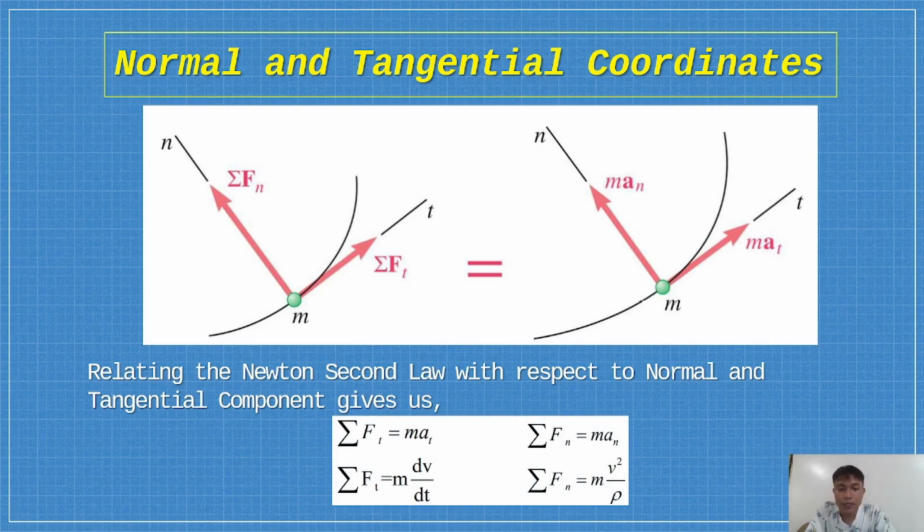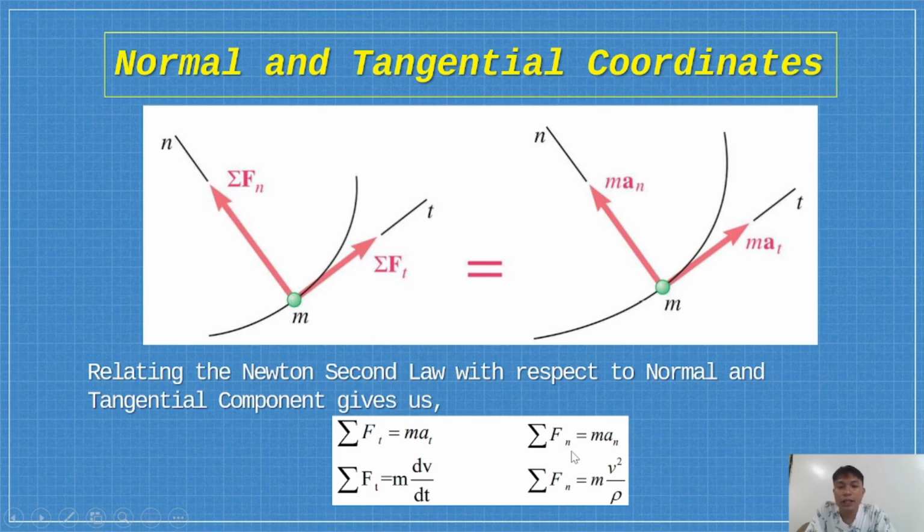We know that A_T, the acceleration relating to the tangential coordinate, is equal to dv over dt, which you can see here below, it is now expressed as m times dv over dt.